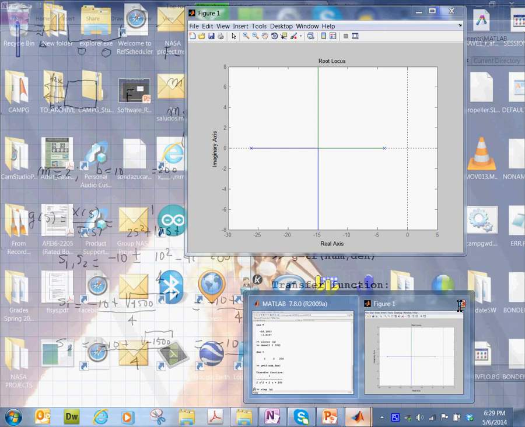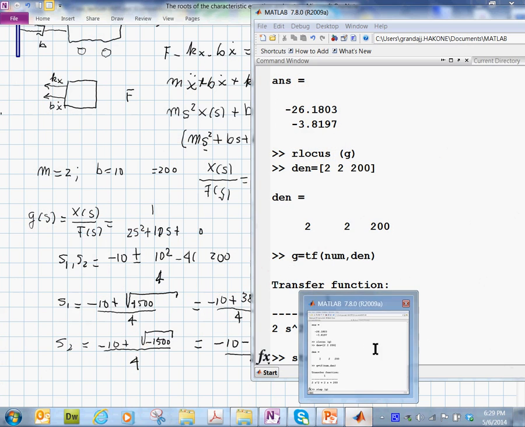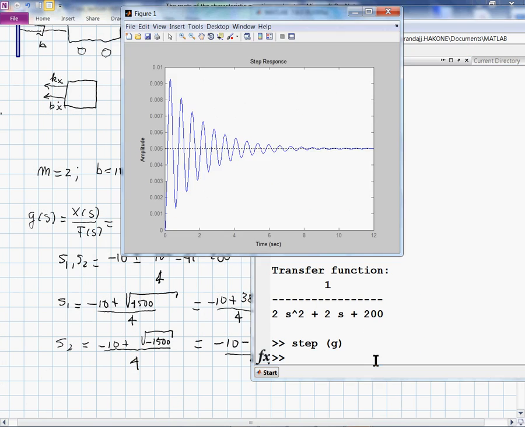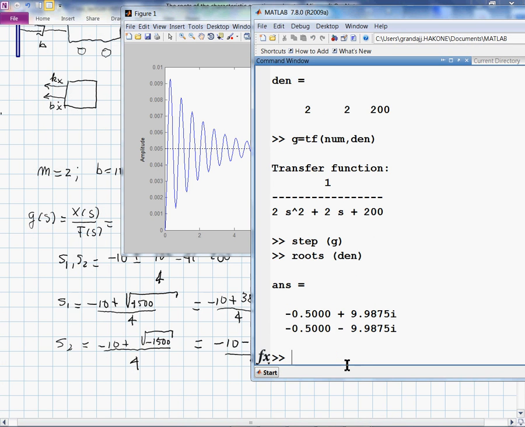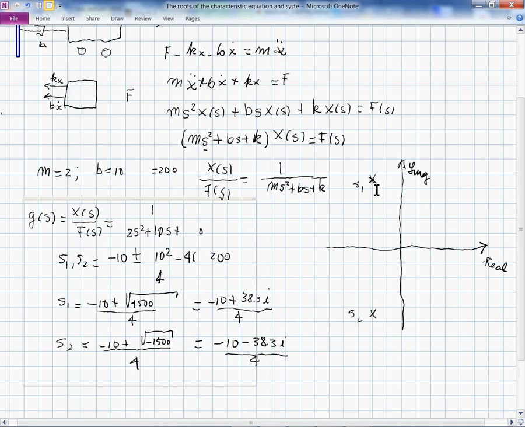Let me just close the old values here. But we go here and we say, okay, find me the answer. Wow, you see, I lower the damping and we have lots more oscillations on this. But when this happens, where are my roots? I could just say roots of the denominator that we are doing. Wow, these are complex conjugates. So you see, this corresponds to this plot that I have.